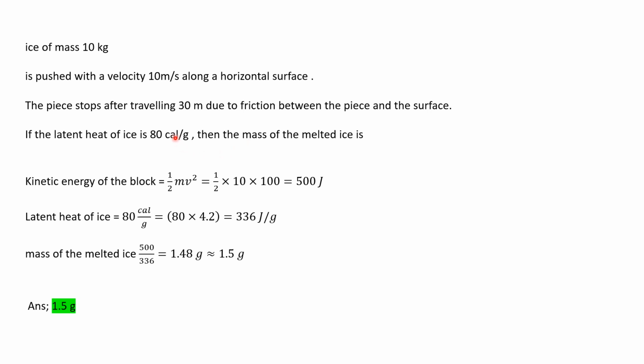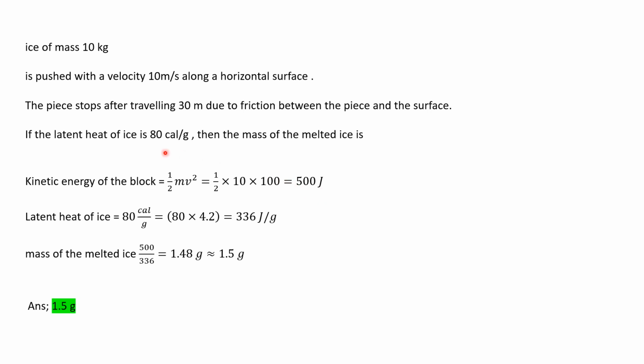From here we can calculate the kinetic energy of the block. This would be half mv square, because we are given the mass of the ice and also the velocity. Putting in the data, half into m, which is 10, and v square is 100, so the kinetic energy will be 500 joule.